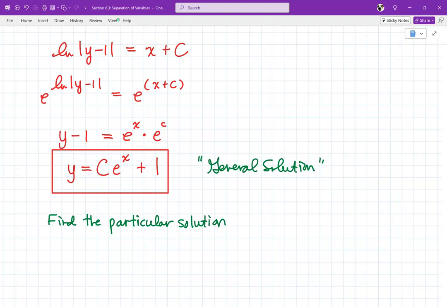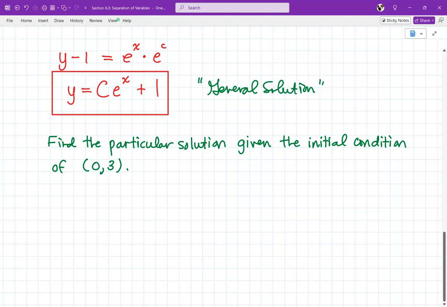Okay, if I ask you for a particular solution, then that means I have to give you a specific point. So given the initial condition or initial point, usually they say the word condition though, of, hold on, I'm trying to think in my head, let's see, 0, 3.